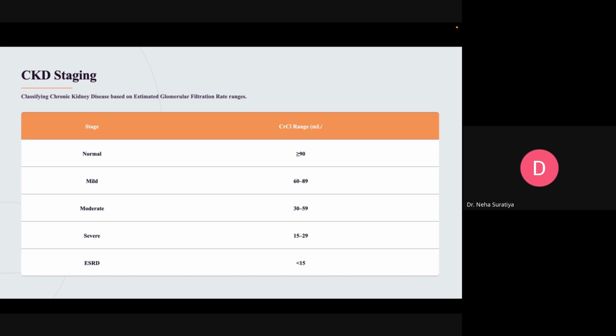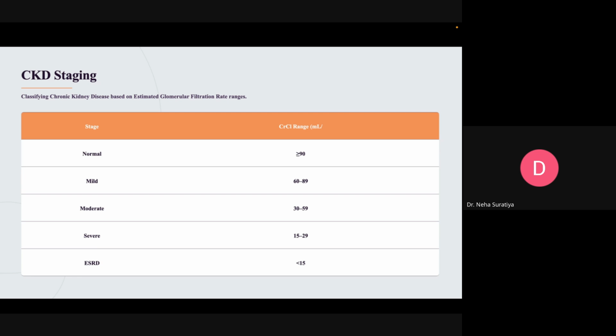But for now, dose reduction. If the patient falls under the severe category, you will do major dose reduction, or in some cases complete avoidance. And in ESRD there is only one option, that is dialysis consideration, right? So this is very important. The clinical relevance is that most hospital admissions fall into this moderate to severe category.